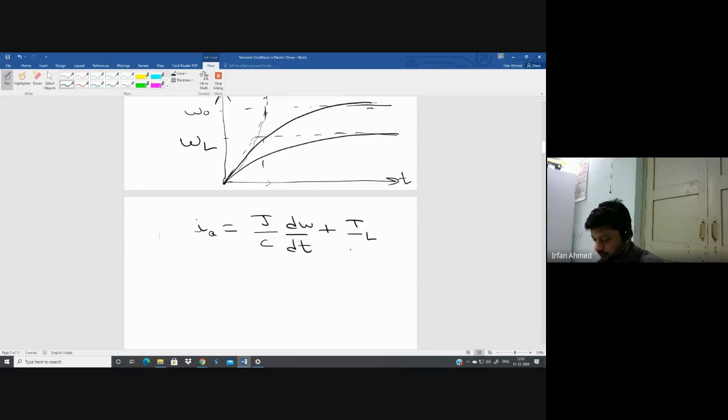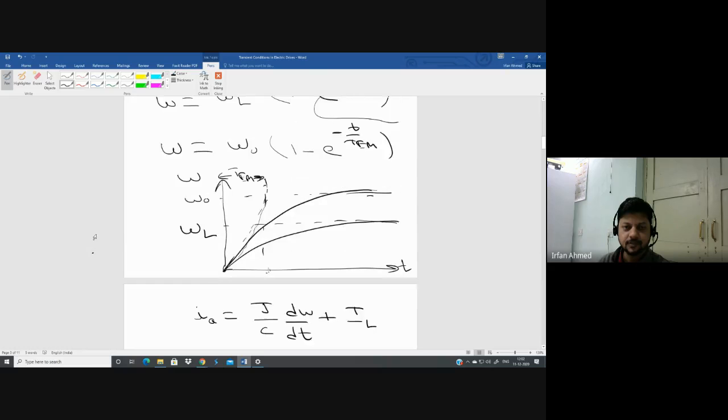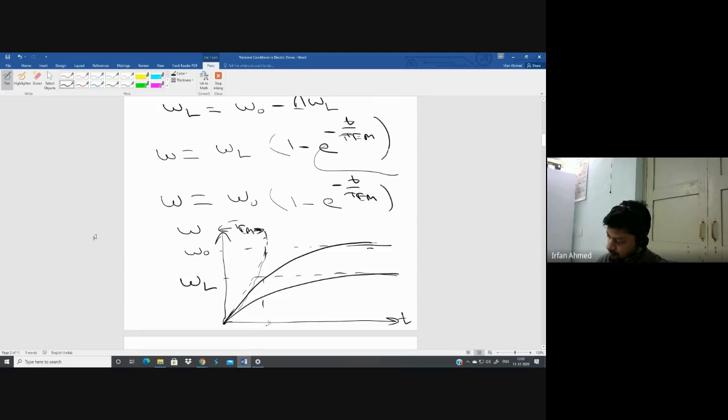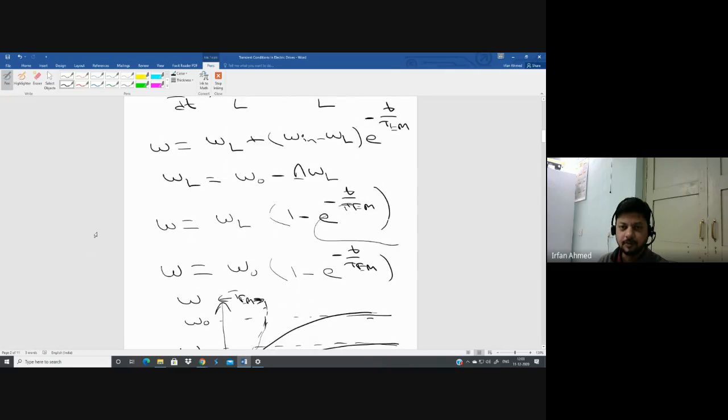From equation 4, which one is equation 4? From this equation, omega is equal to omega L plus omega in minus omega L e to the power minus T by TEM.